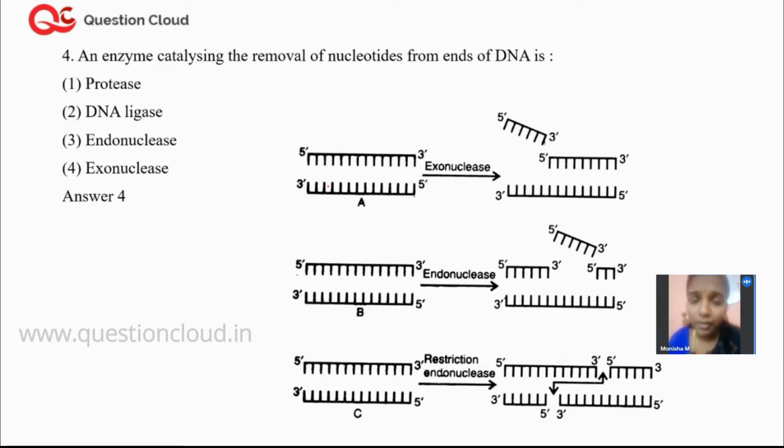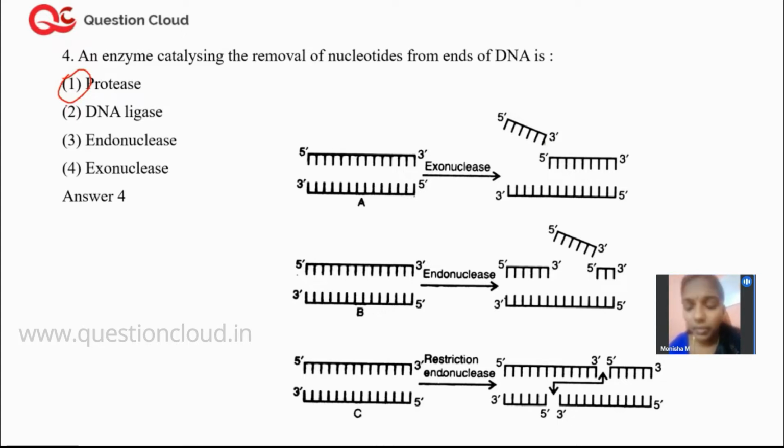So when you want to remove nucleotides from the DNA, there are specialized enzymes called nucleases. The first option is protease. Proteases are enzymes which degrade protein, so proteases is an incorrect answer.